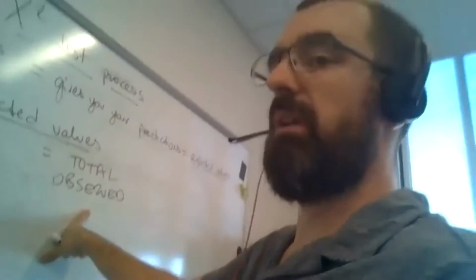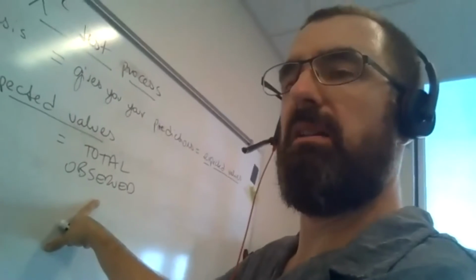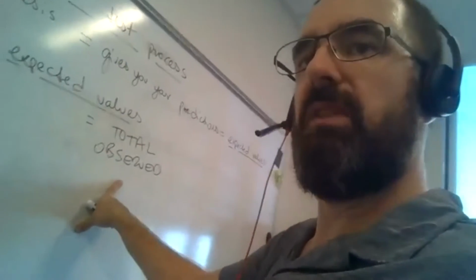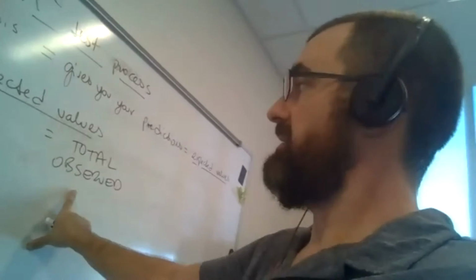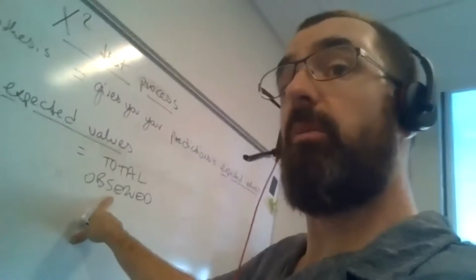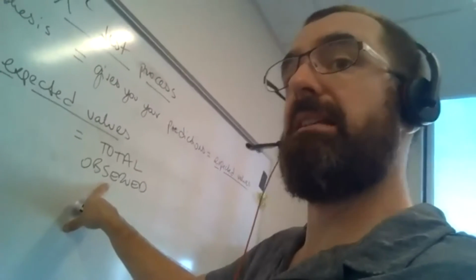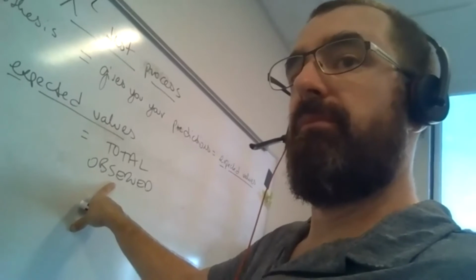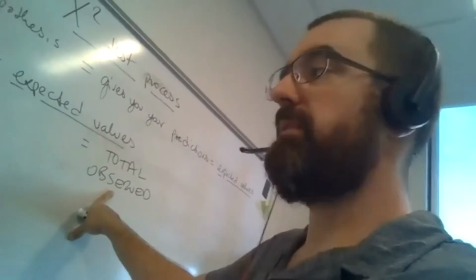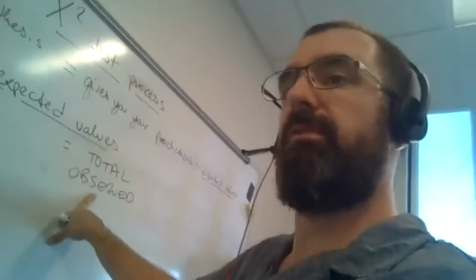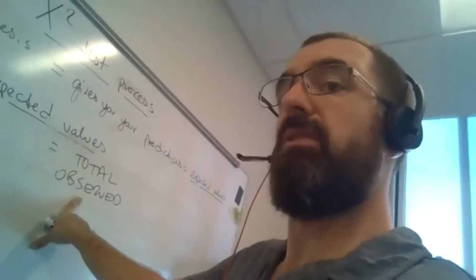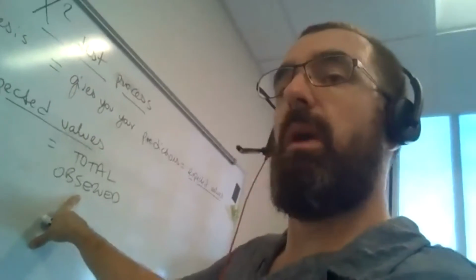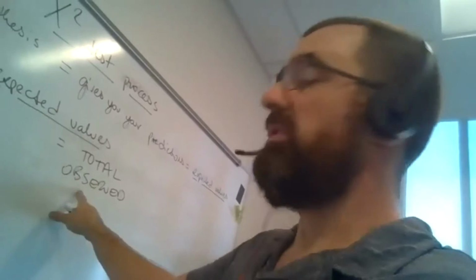If you're doing a monohybrid cross and testing to see if the F2 match what you expect, then it's the total for both the dominant and the recessive phenotype added together. If you're doing a dihybrid cross, then it's the total for all 4 phenotype combinations. Whatever you're doing, however many different things you're observing, you add all of them together and use that number.